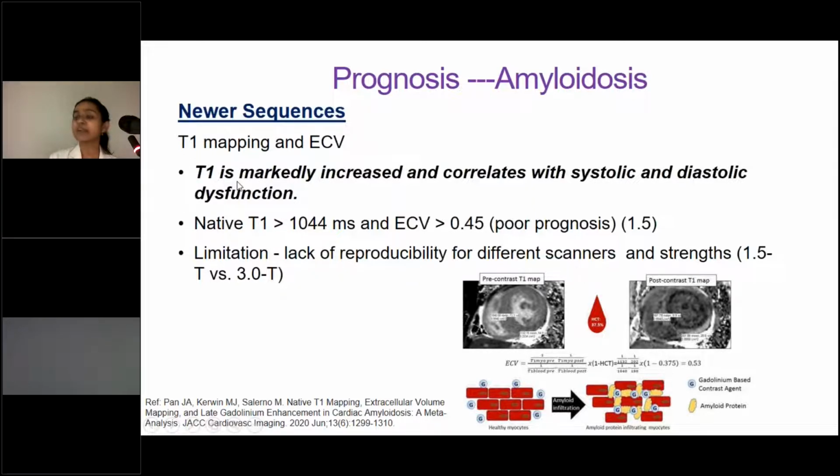This T1 mapping can also be followed up to look for any response to treatment, and more importantly, it can be performed without administration of contrast, and therefore can also be done in patients with advanced renal failure, which is often seen in patients of cardiac amyloidosis. A number of studies have given cutoff values for the native T1 and extracellular volume for determining which are indicative of poor prognosis. However, the limitation of these sequences is the lack of reproducibility for different scanners and different strengths.